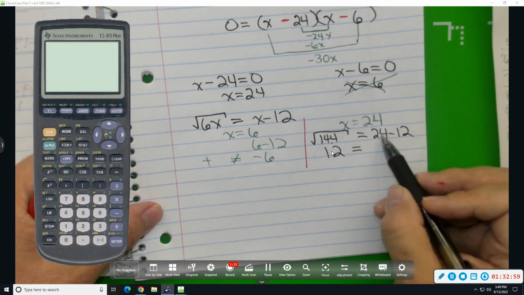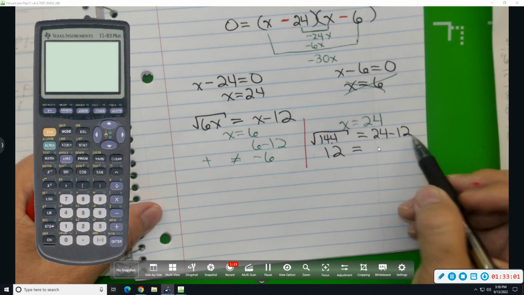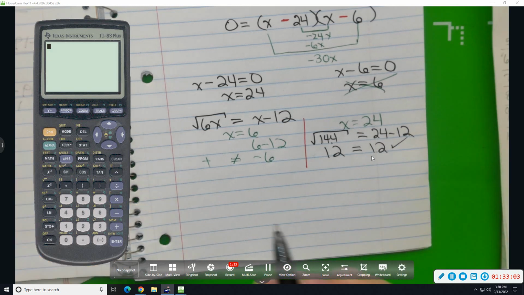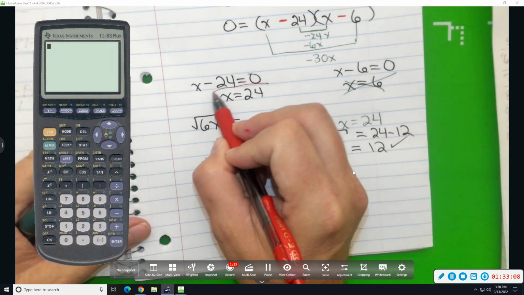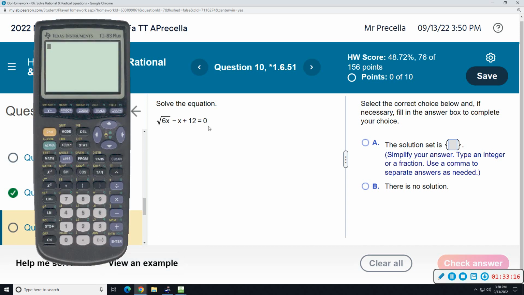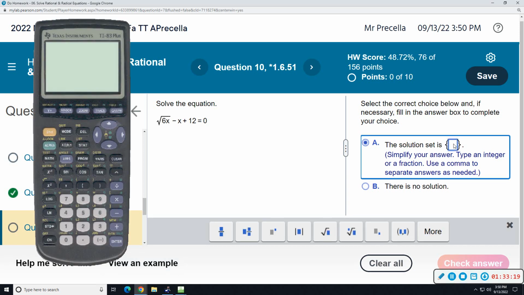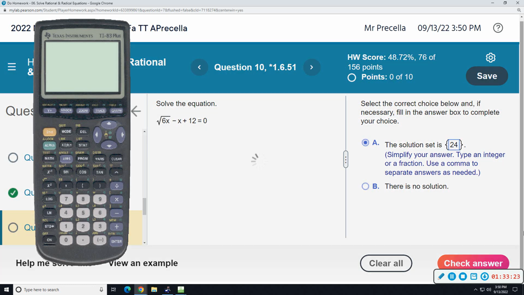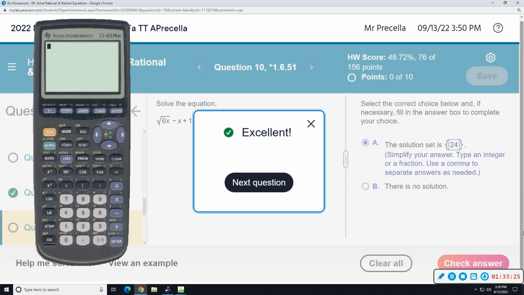Does that equal 24 minus 12? 12. Yes, it does. So the only acceptable answer is 24. Any questions there?